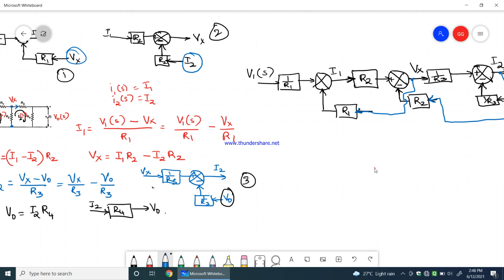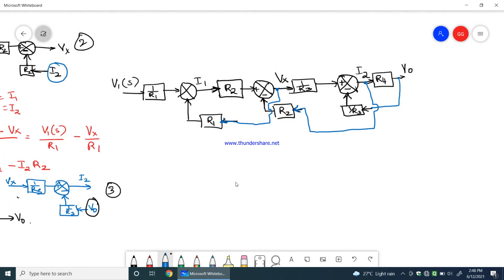So this is the block diagram which you get for the same question which has been asked. Okay. Now the transfer function Vout of S by Vin of S is only possible to find if we learn the block diagram reduction techniques that we come across.